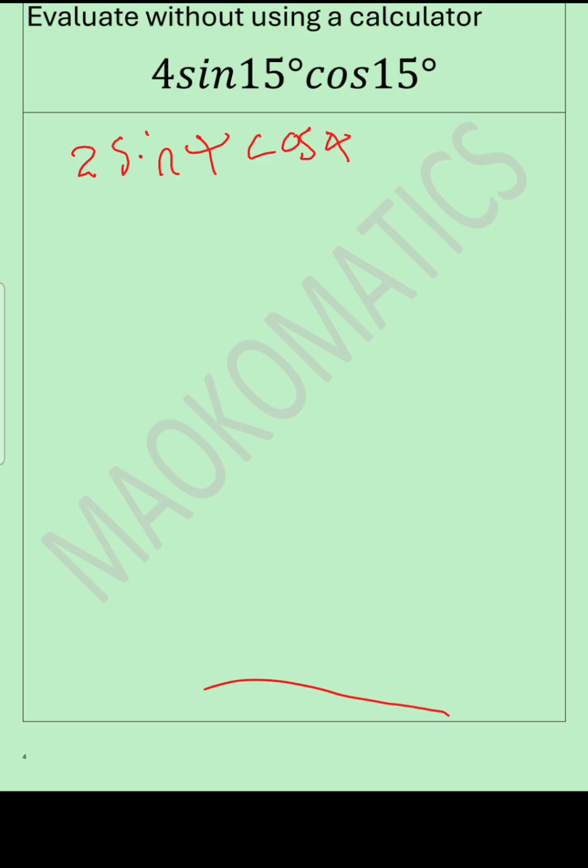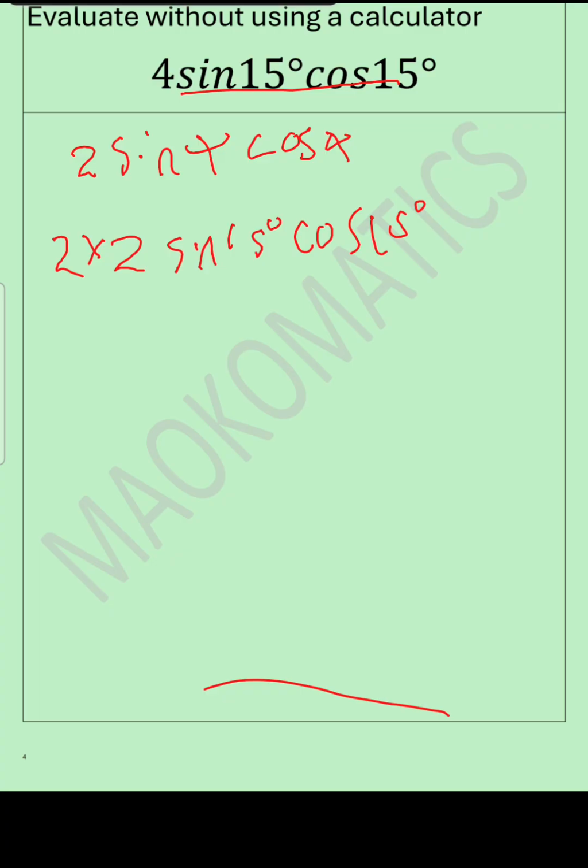So this as well is 2 sine 15 cos 15. It's just that instead of putting 2, they've put 4, which means they've multiplied by 2 actually. So I write 4 as 2 times 2.